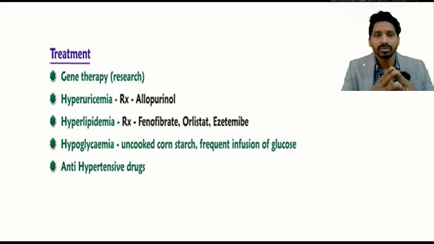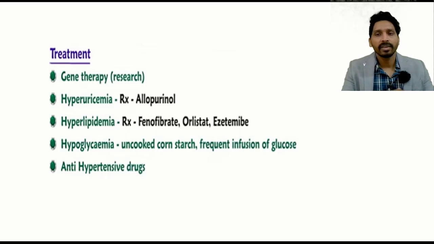So the treatment part: how to manage von Wricht's disease? Gene therapy is one of the methods, still on trial. For managing hyperuricemia, allopurinol, which is a competitive inhibitor, competes with xanthine oxidase to decrease the production of uric acid.